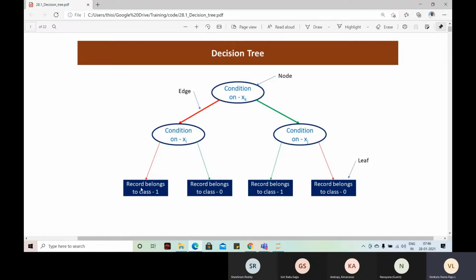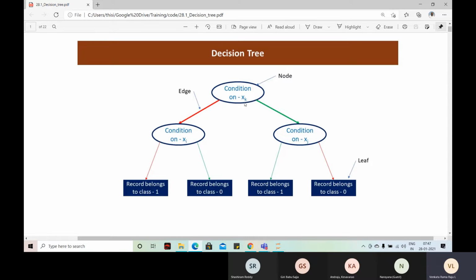Maybe there are 100 records here, maybe 500, maybe 300, maybe 200, and all records in a leaf belong to one class. Using those 1000 records, we found the conditions to split the data. When a new record comes in, we pass it through the conditions and predict which class it belongs to. That's the key.